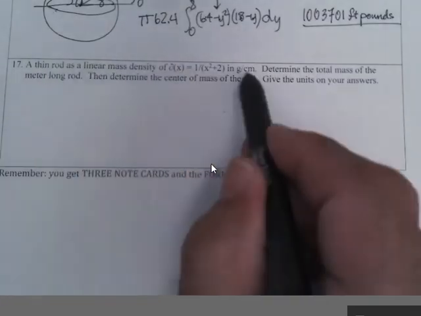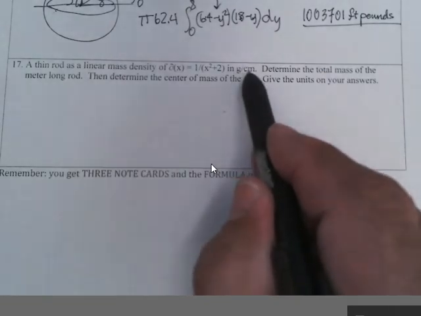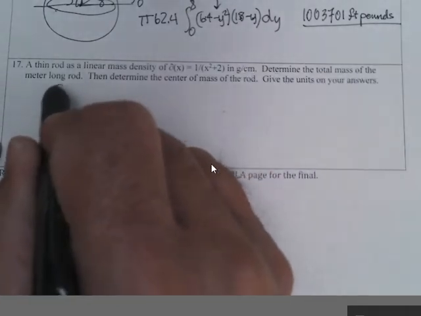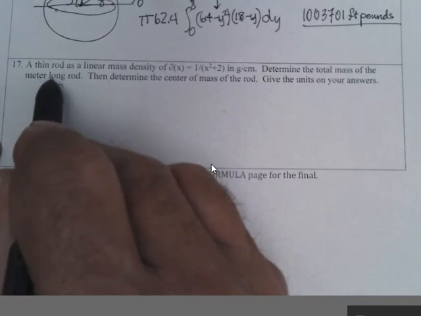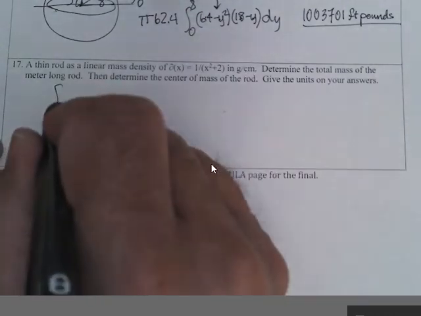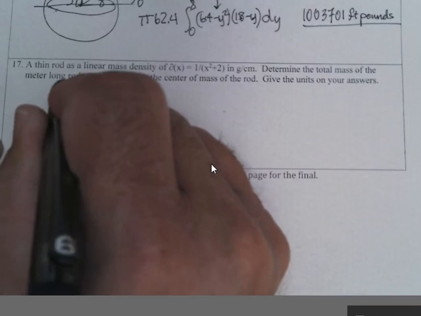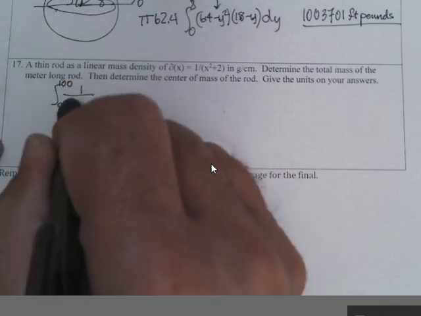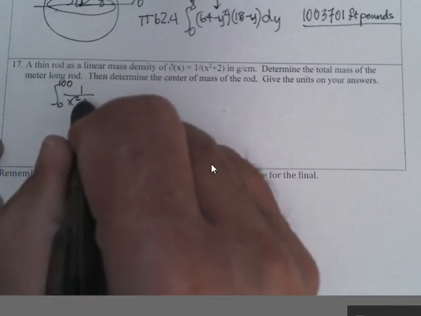A thin rod has a linear density by this, so many grams per centimeter. Find the total mass. That would be the integral. Let's see, how long is the rod? 1 meter long. This is in centimeters. A meter is 100 centimeters. So 0 to 100 of 1 over x squared plus 2.